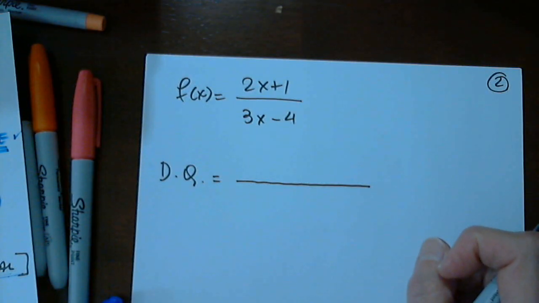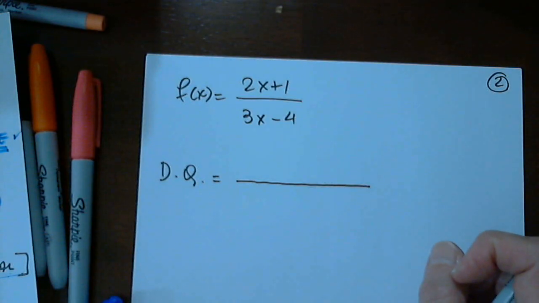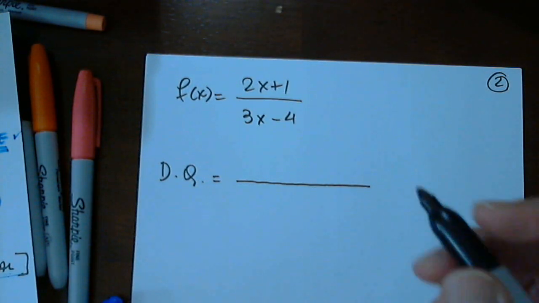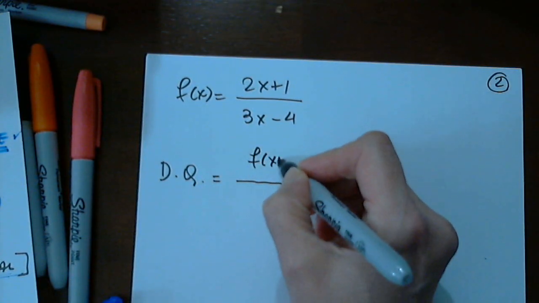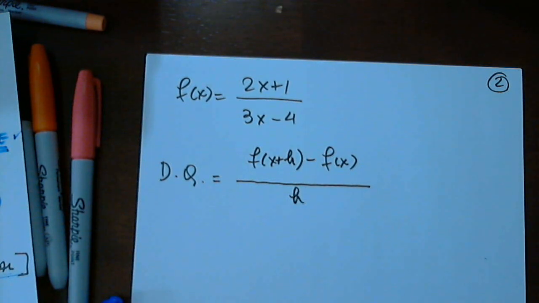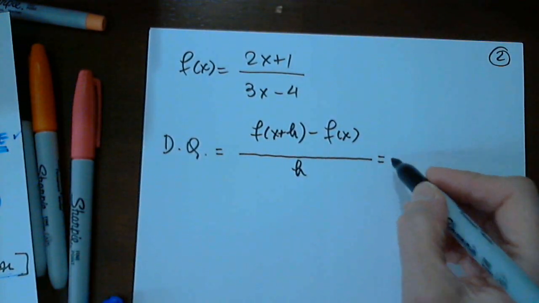Anyone ready to help, please? Wes, Kevin, anyone? Isaac? Does anyone remember the difference quotient? Isn't it f of x plus h minus f of x over h? Brilliant, of course, thank you.